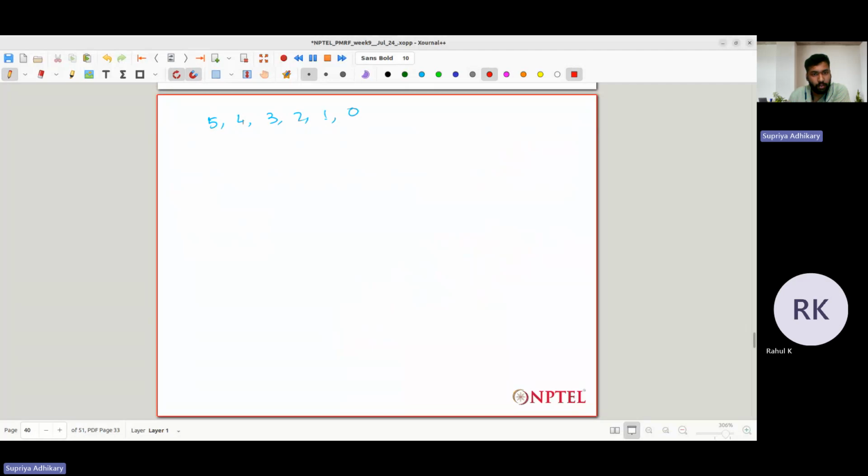First, we can just sum up all the degree values: 5, 4, 3, 2, 1 plus 0, which is 9, 12, 14, 15, an odd number. As we know, the sum of degrees in a simple graph should always be an even number. So this implies that this degree sequence is not possible.